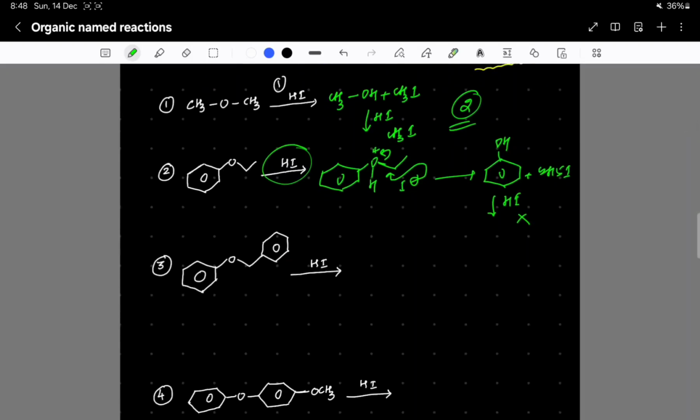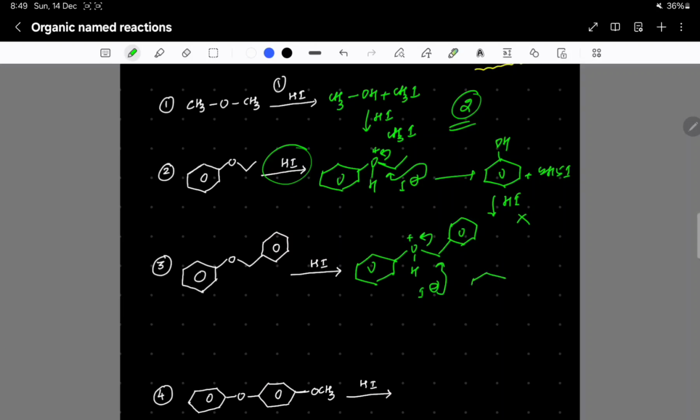Now look, student, here also the same thing. We will write the possibilities. This will be OH plus, this will be phenyl. I minus attacks; on this side I cannot do anything. Now this will be shifted and comes here.